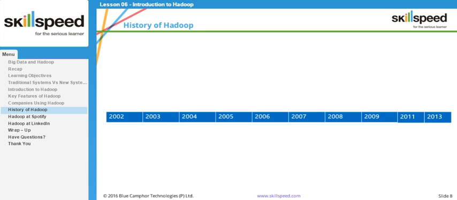If you look at the history of Hadoop, in 2002 and 2003, there were two folks called Doug Cutting and Mike Cafarella, and they were working on a search engine called Nutch. At the same time, Google had released two white papers, the GFS and MapReduce white papers.